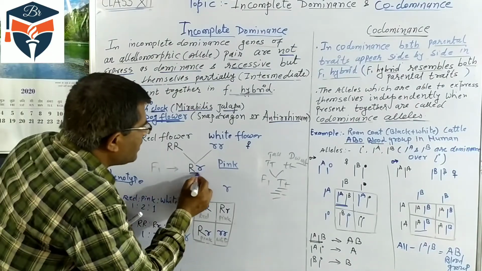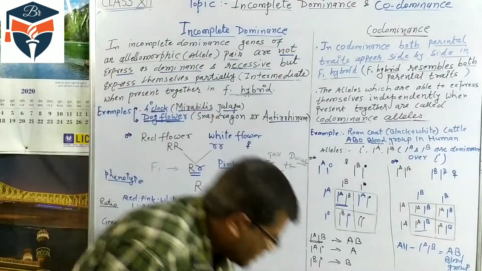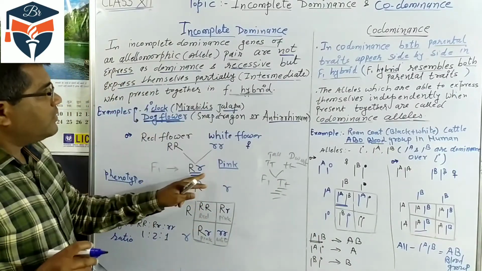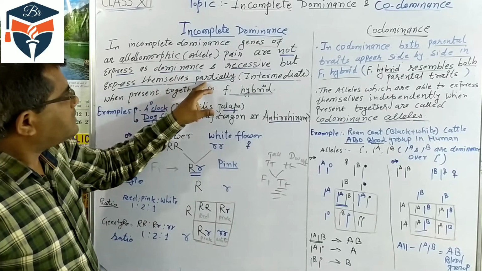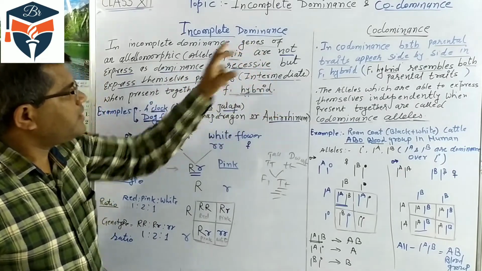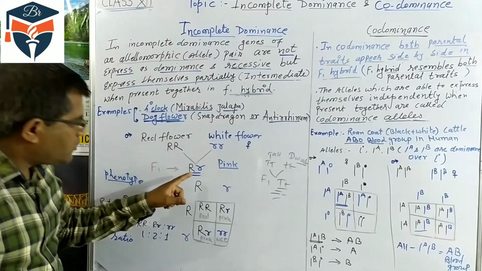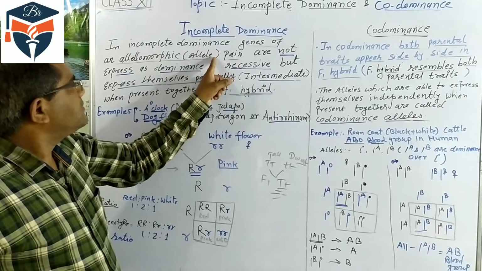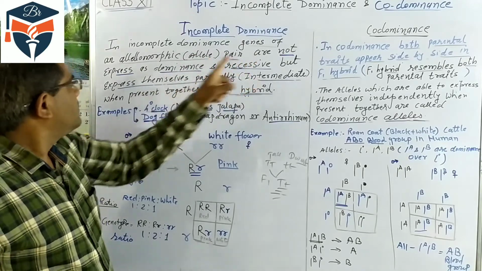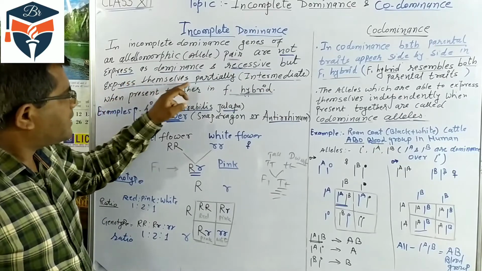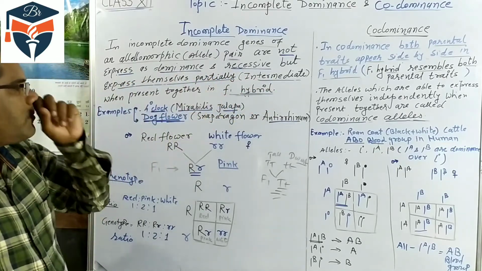Pink is the partial expression of both alleles, an intermediate of both. When the alleles are crossed, they are not expressed as dominant or recessive, but express intermediately or partially.